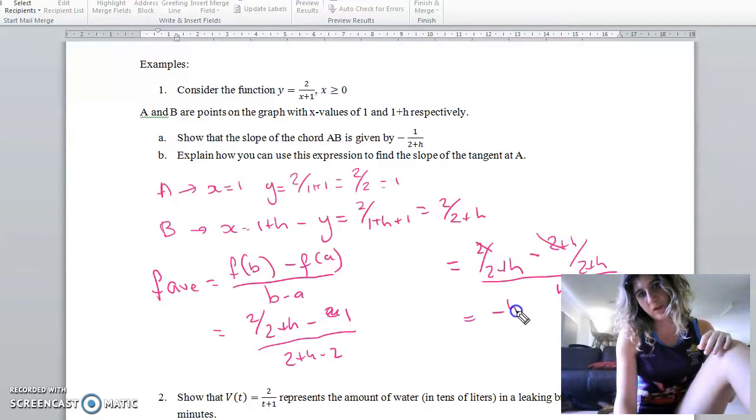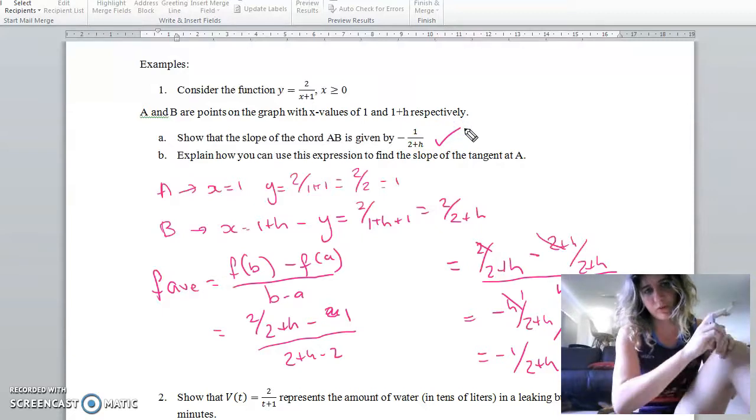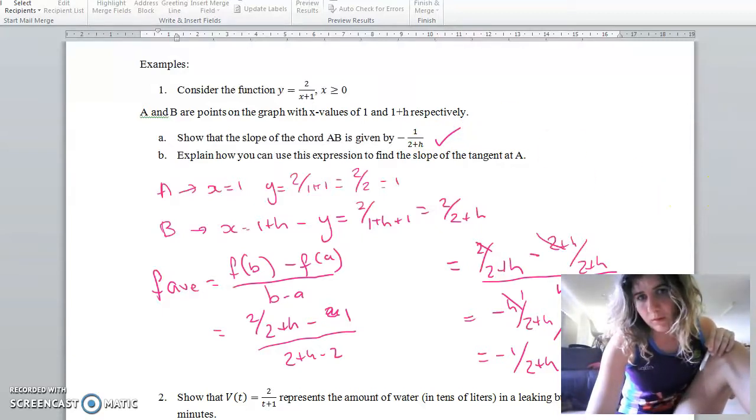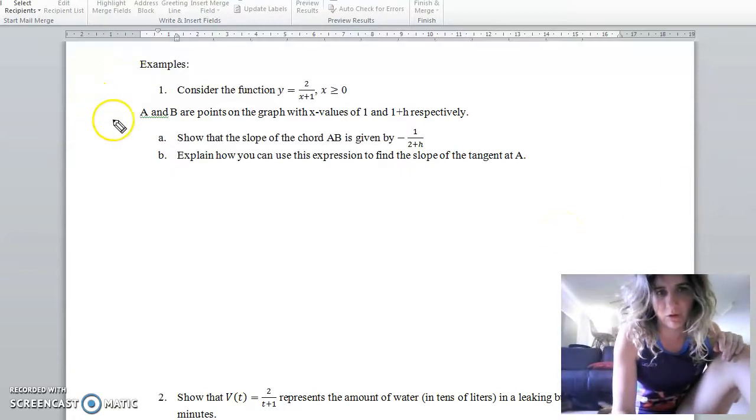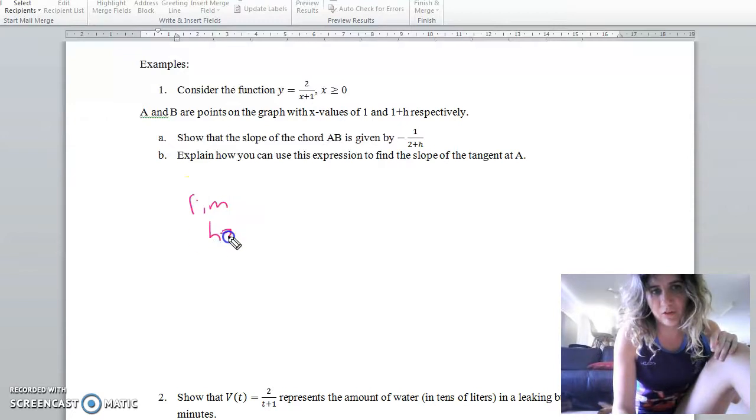We're left with negative h over 2 plus h over h. Our h's cancel, and we're left with negative 1 over 2 plus h. Which is good. That's what our question wants us to find. The next part then says, explain how we can use this expression to find the slope of the tangent at A. So by finding our limit as h approaches 0, we'd end up with negative 1/2, which is the slope of our tangent.